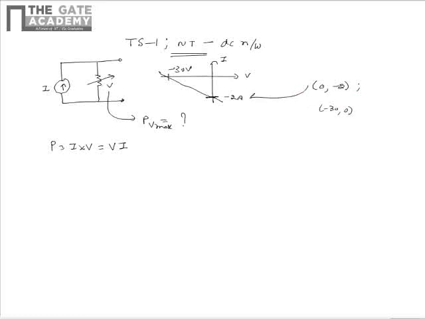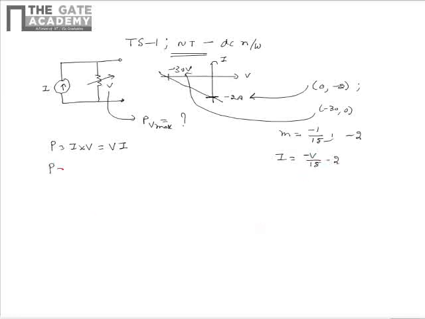From this we see that the slope of the line is m equal to -1/15 and the y-intercept is -2. So the VI relation can be written as I is equal to -V/15 - 2.